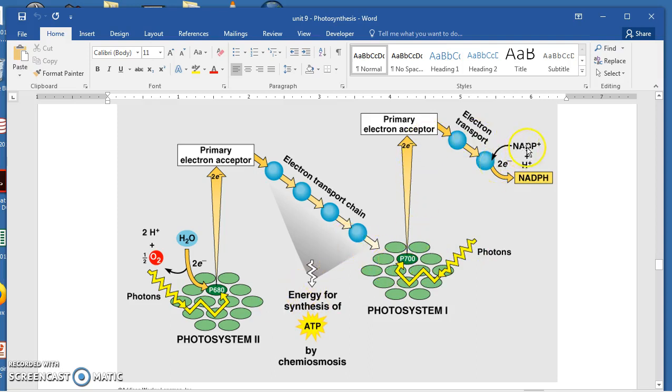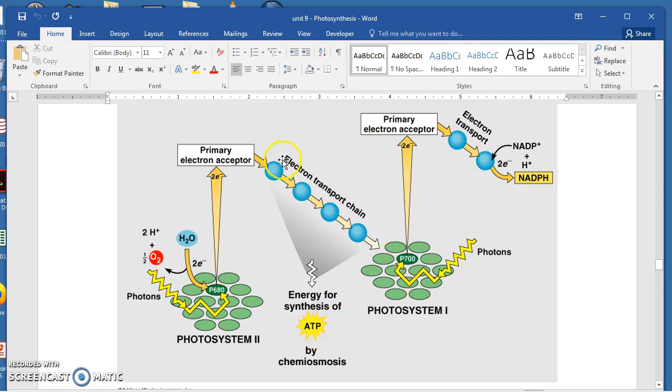If there's not enough NADP, then these electrons that are excited to this higher energy level from photosystem 1 get cycled back into the electron transport chain from photosystem 2. They travel down the chain, energy is transformed, given off, and absorbed by ADP and the P to form ATP.